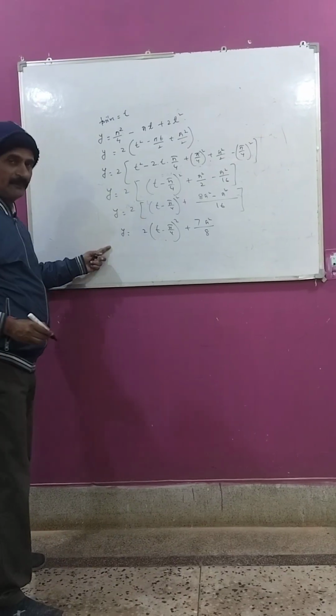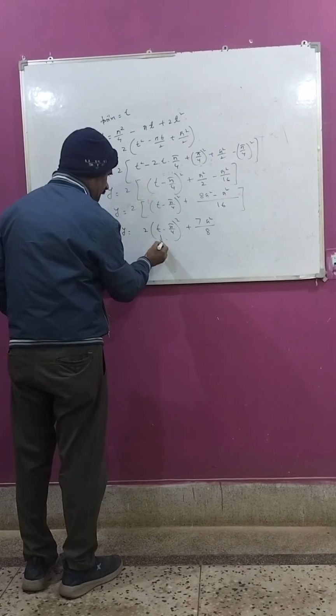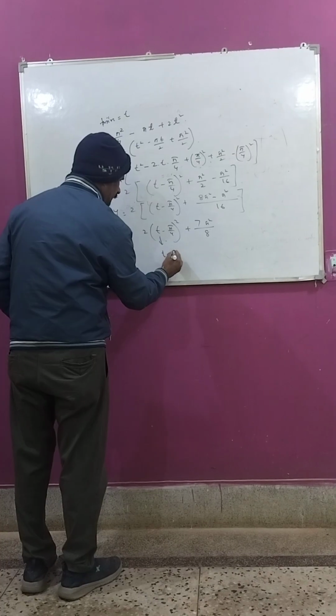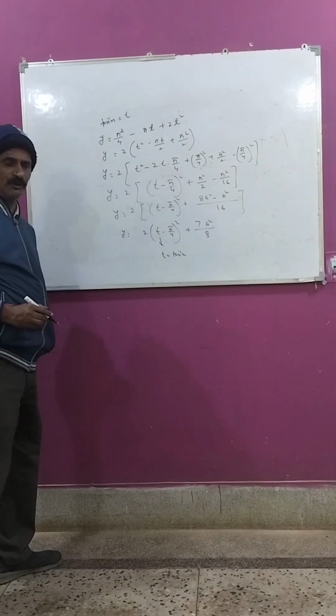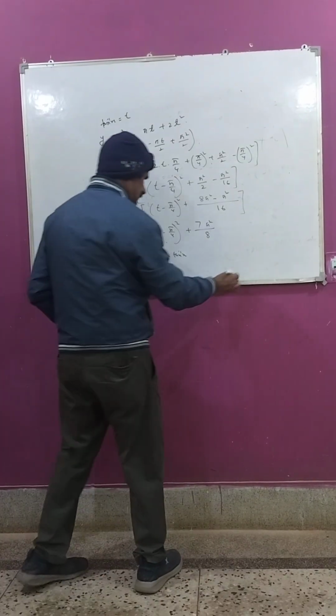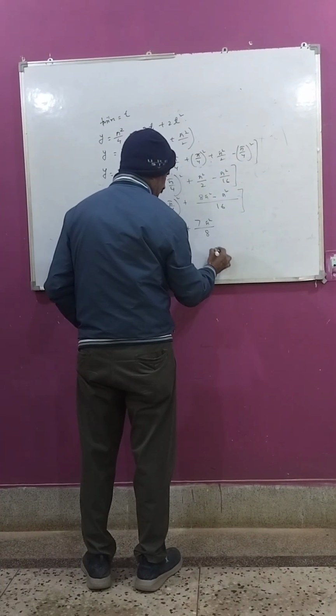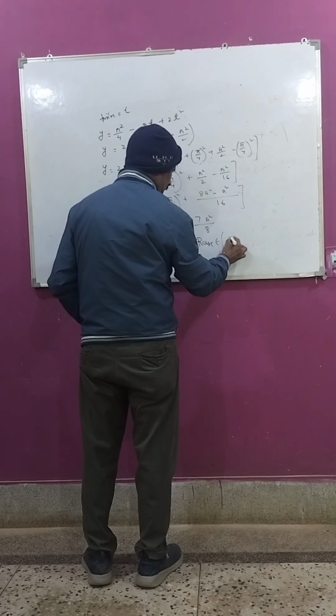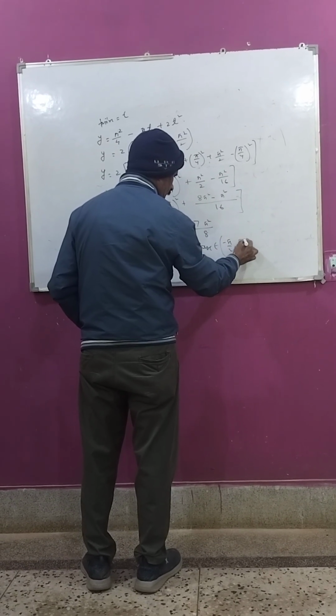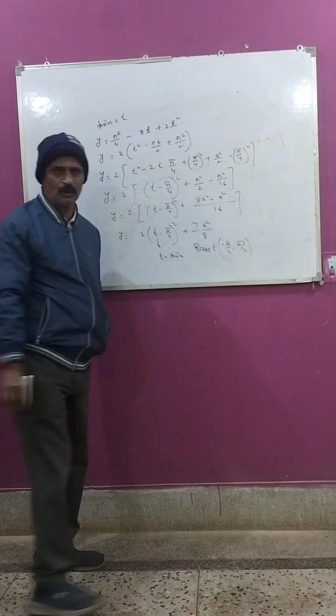To find the maximum and minimum value, you can substitute here the value of t, which is tan inverse x. So you are substituting the maximum or minimum value of tan inverse x. We know the range of tan inverse x is between minus pi by 2 and pi by 2.